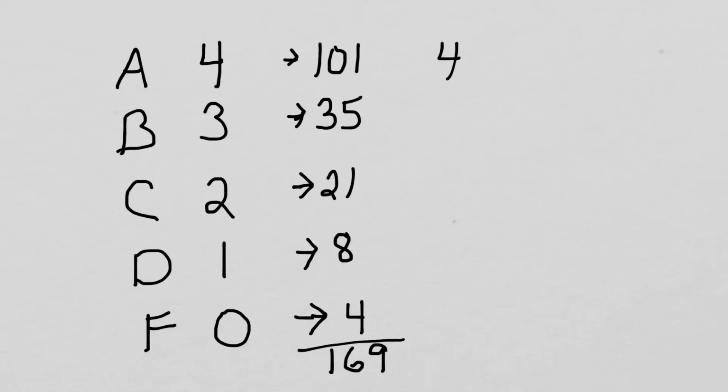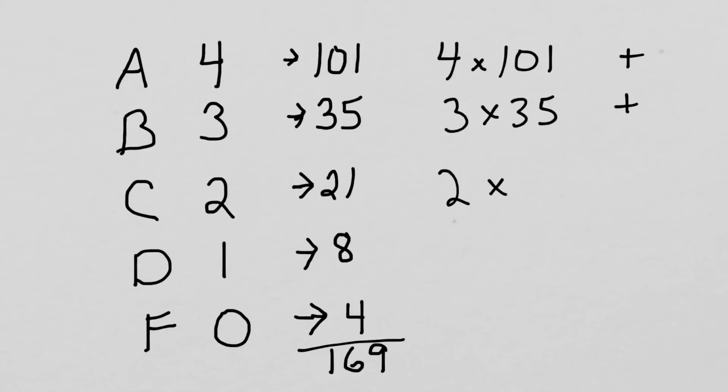All right, this is going to be 4 times 101 plus 3 times 35 plus 2 times 21 plus 1 times 8 plus 0 times 4.